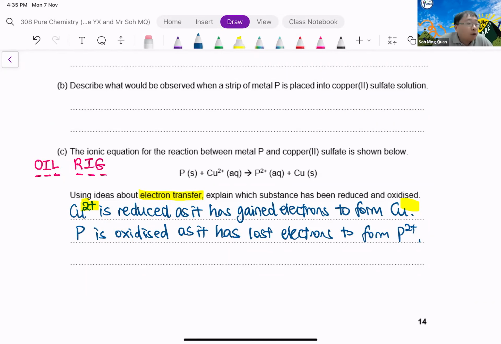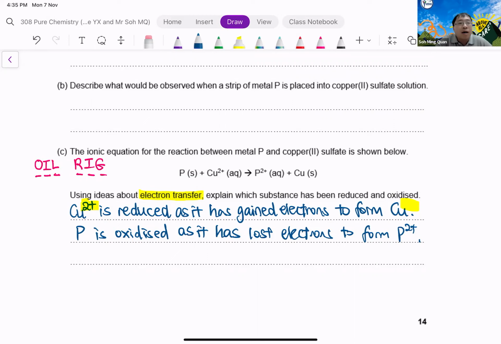Okay. Now, this is about using ideas about electron transfer. As you can see, we can test you on either electron transfer or oxidation states. So I would encourage you later on to try to work this out in oxidation states, and convince yourself that you will come to the same answer: Cu2+ is reduced, P is oxidized.